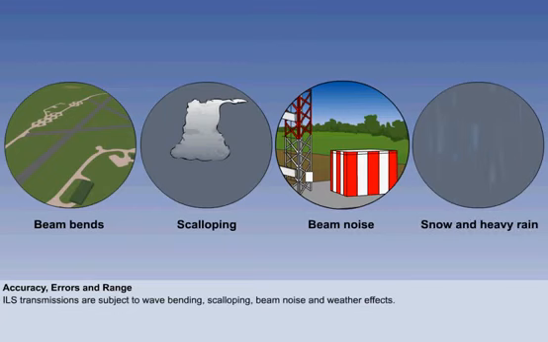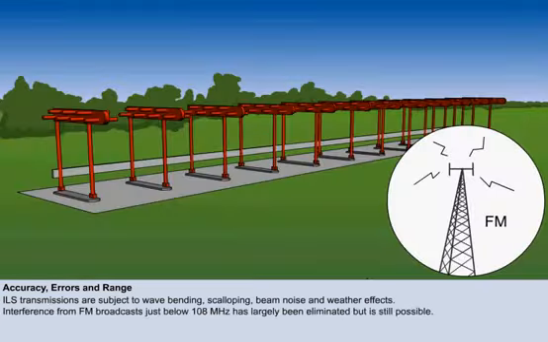Snow and heavy rain can also attenuate signals. Interference by FM broadcasts in frequencies just below 108 MHz has largely been resolved, as all aircraft radio equipment has had to be FM immune for a number of years.